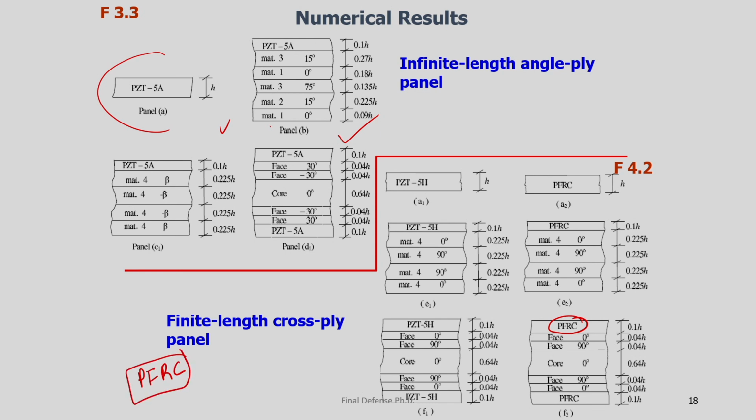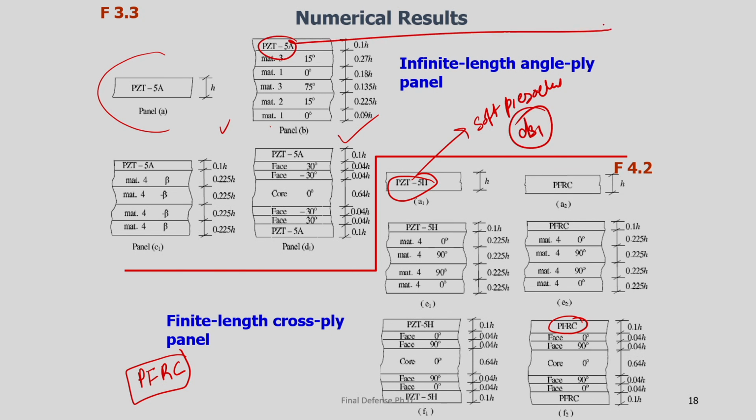I would like to explain here that PZT5H is a soft piezoelectric material, having a very high d31, and PZT5A is known as a hard piezoelectric material. The monolithic layers, if we attach them to composite laminates, are ceramic in nature and crack very easily.